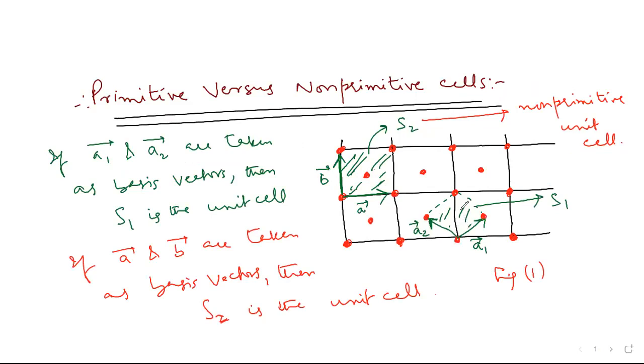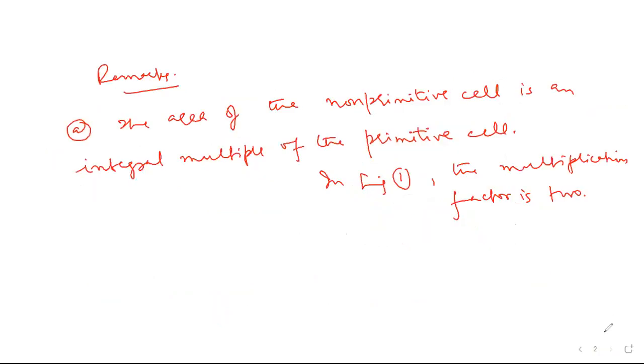You can check, this area is double this area. So it is always true that the non-primitive cells have area which is an integral multiple of the primitive ones. That means it can be twice, thrice, 4 times, 5 times, 6 times, 7 times, and so on. Here it is twice.